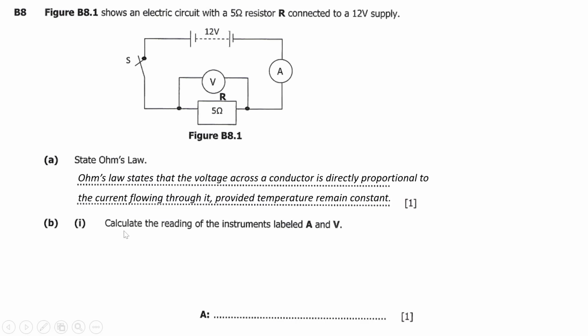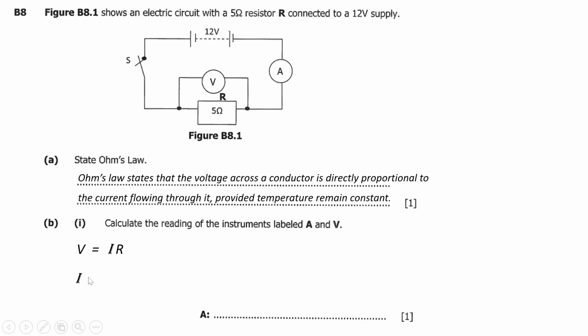Then B part 1 says calculate the reading of the instruments labeled A and V. So we need to calculate the reading of the instrument labeled A, ammeter, and labeled V, voltmeter. The instrument labeled A, which is ammeter, measures the current. So for us to calculate current, we'll use the formula voltage is equal to current times resistance.